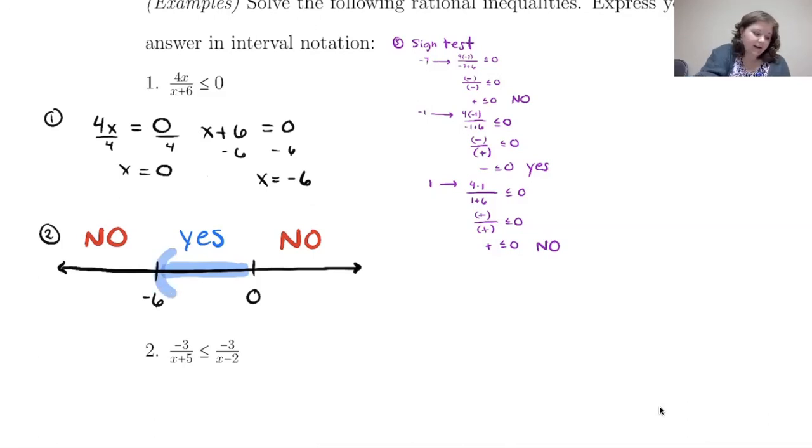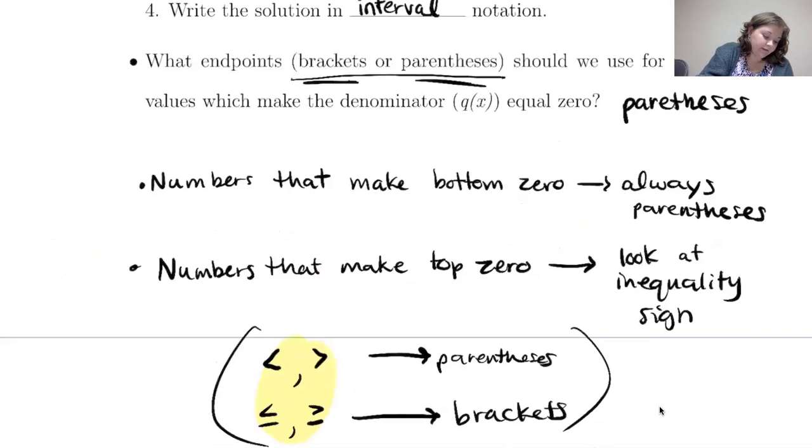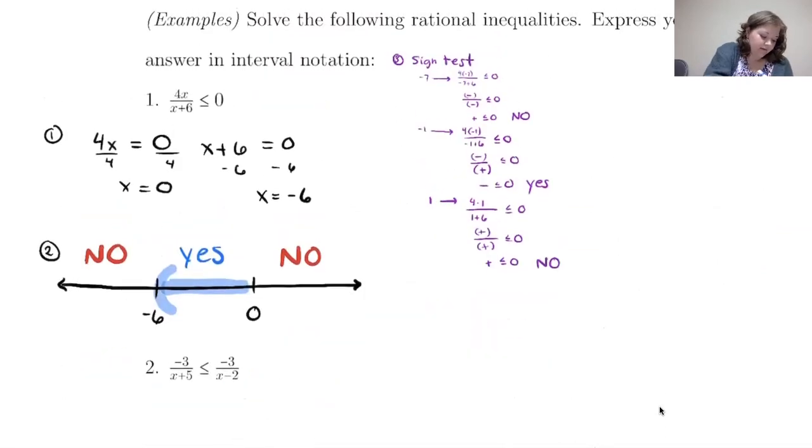So just like I said at the bottom of this page, the numbers that make the bottom equal to 0 always get parentheses. So now we think about 0. That x equals 0, the way we got it is by setting 4x equal to 0. And 4x is on the top.